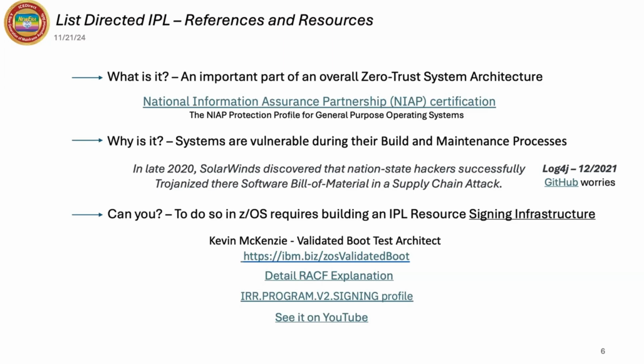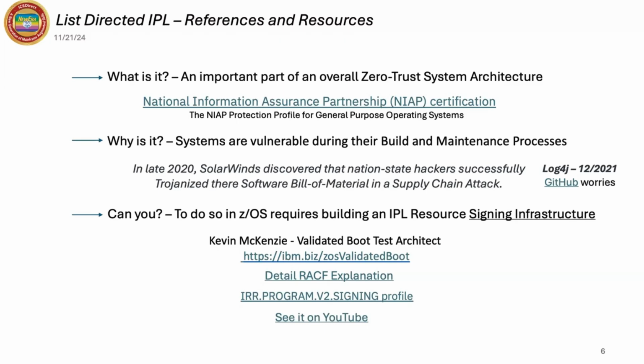They cover what they're trying to protect against, supply chain attacks, and some concerns that people have. And then the nitty-gritty resources, the most important of which is this link to a set of documentation that was written by Kevin McKenzie about a year ago that details what validated boot is all about and its best practices.